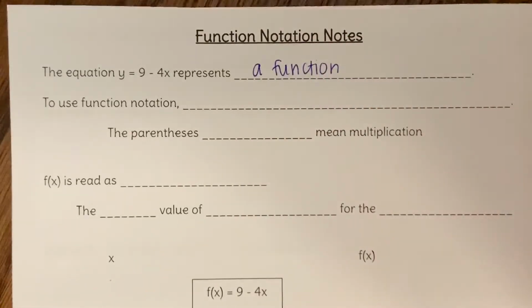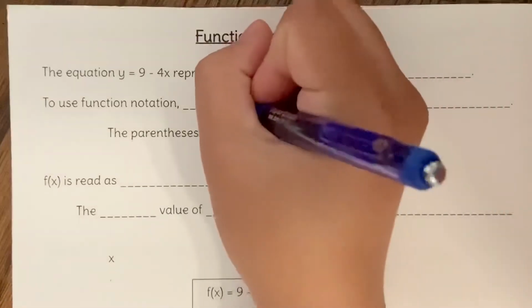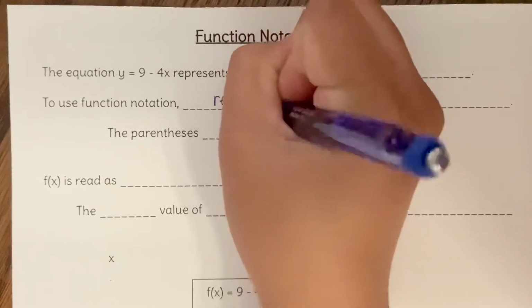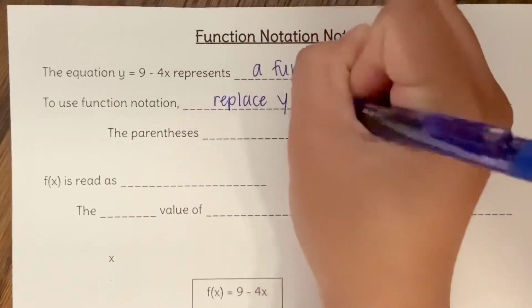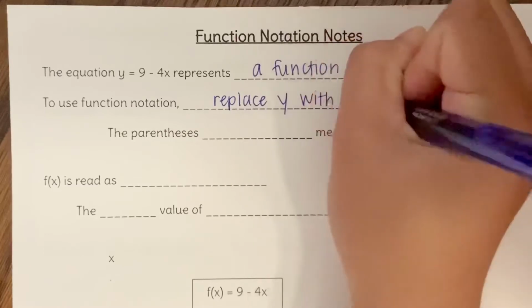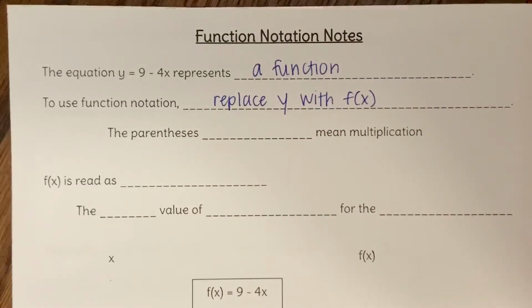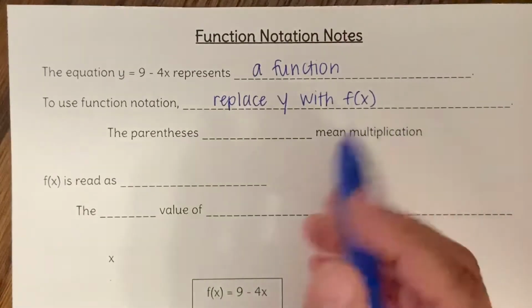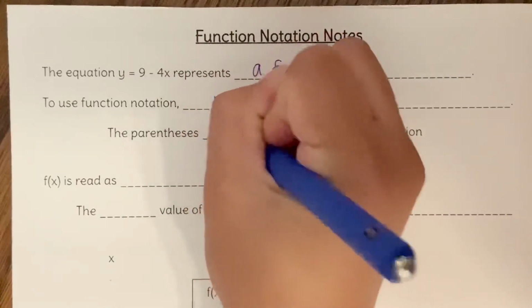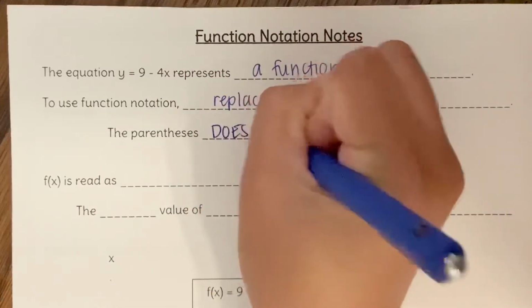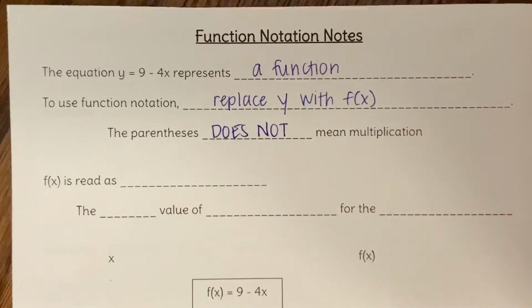So to use function notation, all we're going to do is replace our y with an f of x. And whenever we see parentheses, we think multiplication, but using function notation, we have to be very, very careful to understand that the parentheses here does not mean multiplication.